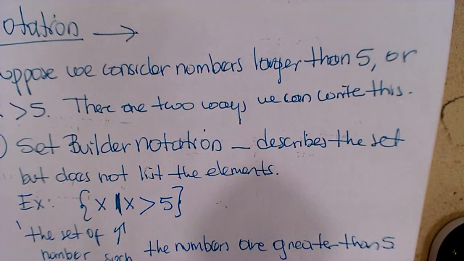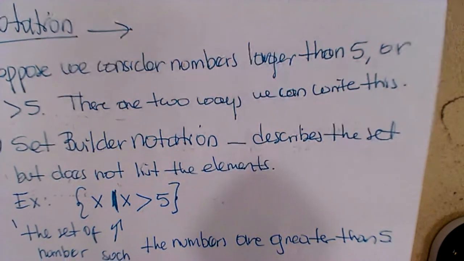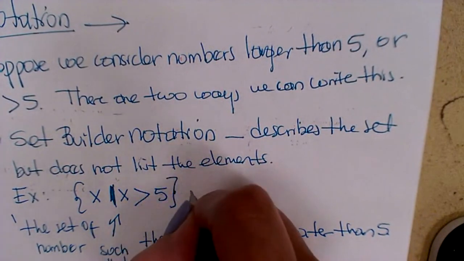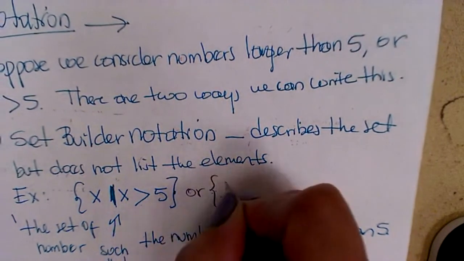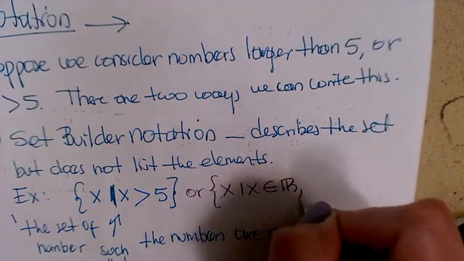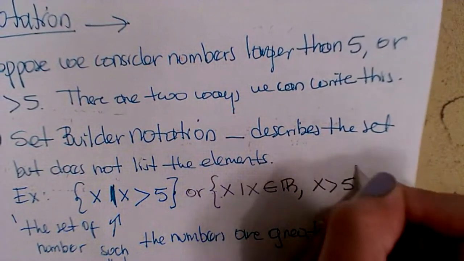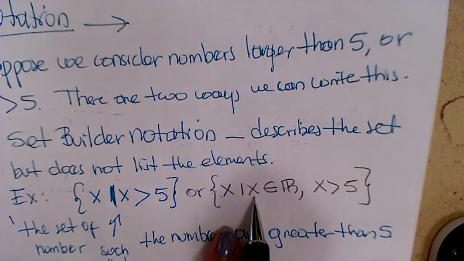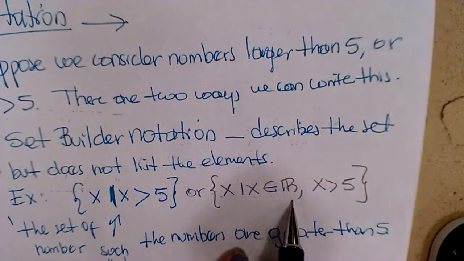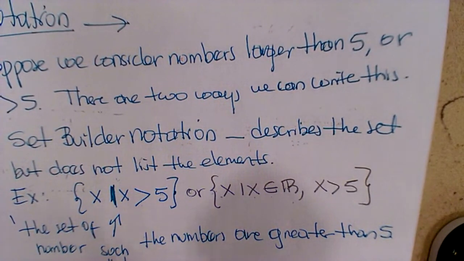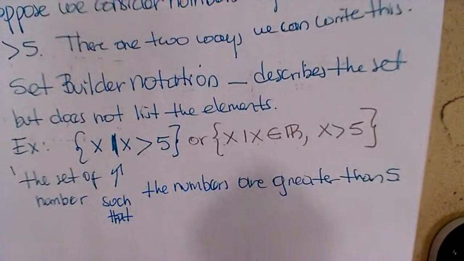However, we typically assume that the numbers are real numbers too. So we don't really have to, because this is another way that we could do it. If we want to be more specific, the set of numbers such that all those numbers are elements of the real numbers. So we typically assume that the numbers are real until we are told otherwise, okay?